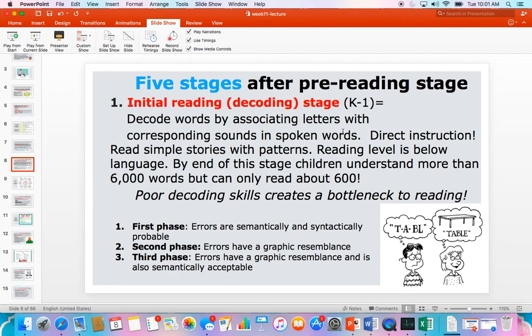Third phase, errors have graphic resemblance and are also semantically acceptable, so maybe it's a related word. I love this example with able, right? We would only know that by decoding that the silent E makes the A say its name, and the B and the L together. Table instead of taboo, right? So decoding is very important.